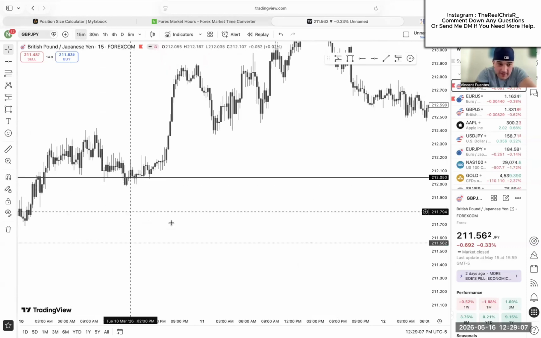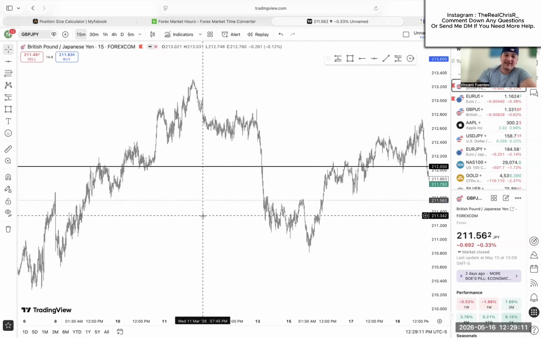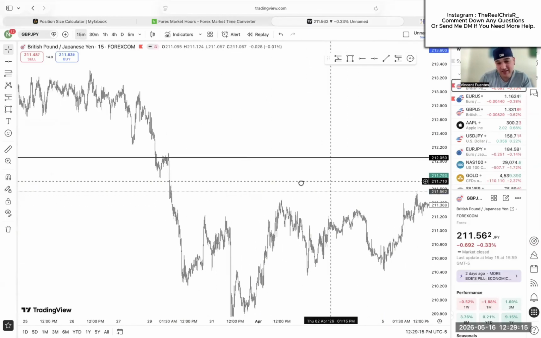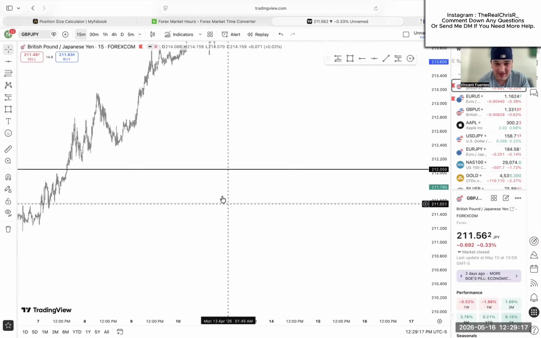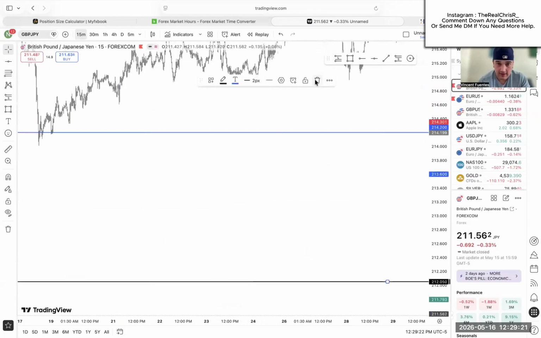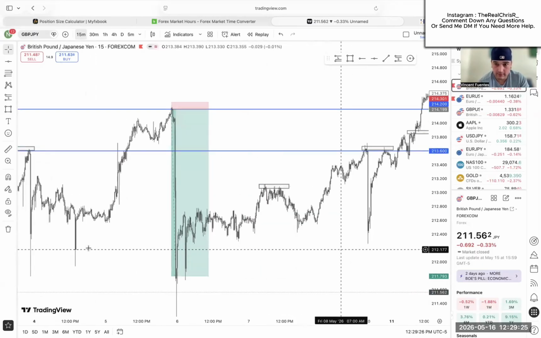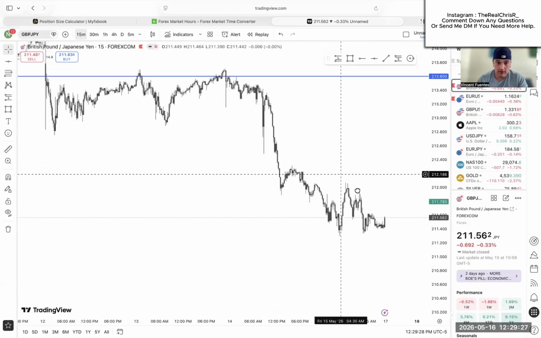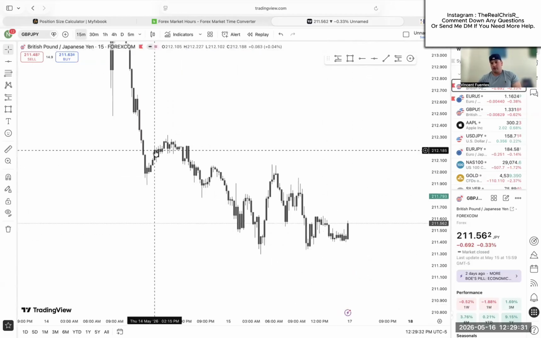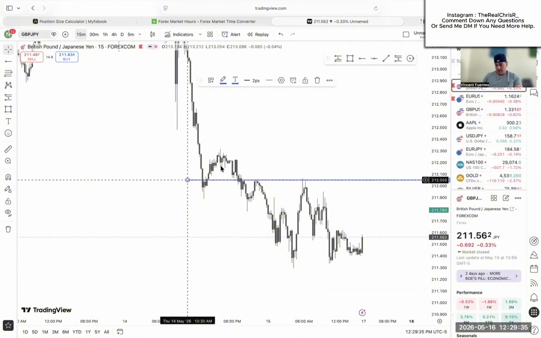You see how from far in the past it has the same price relationship, or similar at least, around that area. So that's the only reason why I don't like using that line, because I'm not focused on what's going on all the way over there. I'm only focused on what's going on right now in the market. Let's trade what's going on in the market right now.